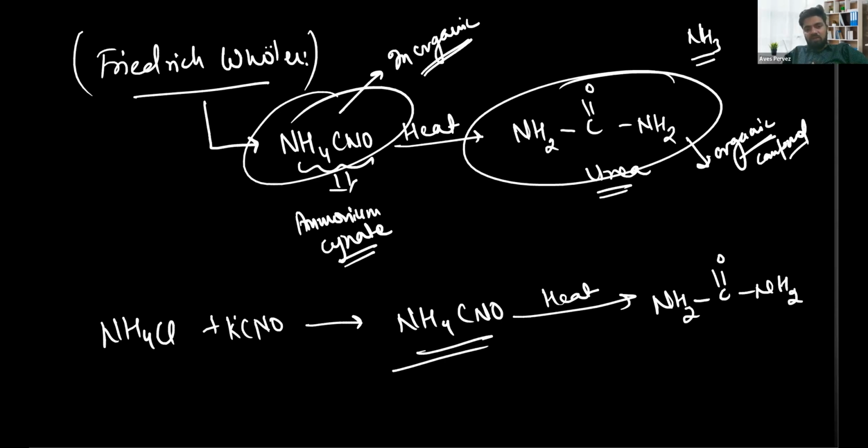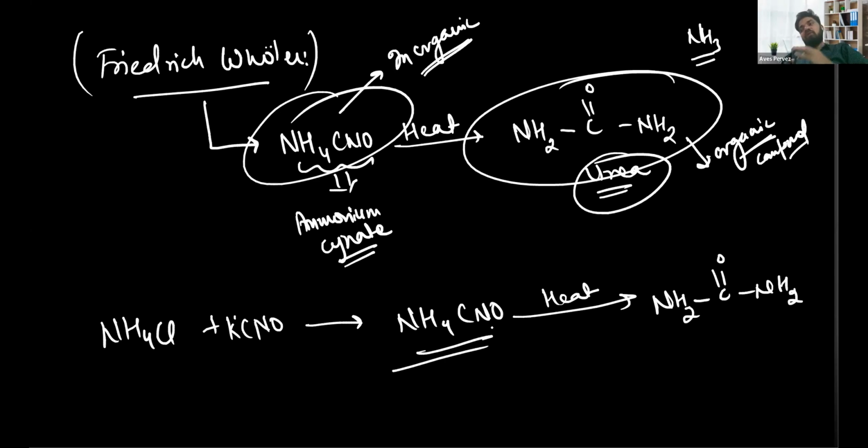So what was the new definition for organic compounds? Previously, organic compounds were those synthesized or found inside a living organism like plants and animals. But now we can prepare them artificially. Urea was the first organic compound prepared artificially from an inorganic compound.